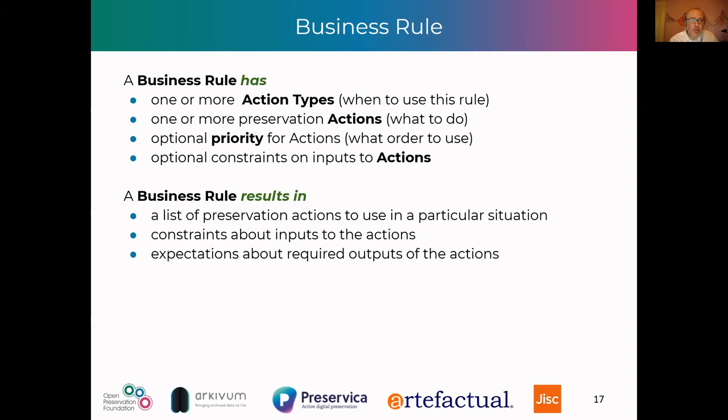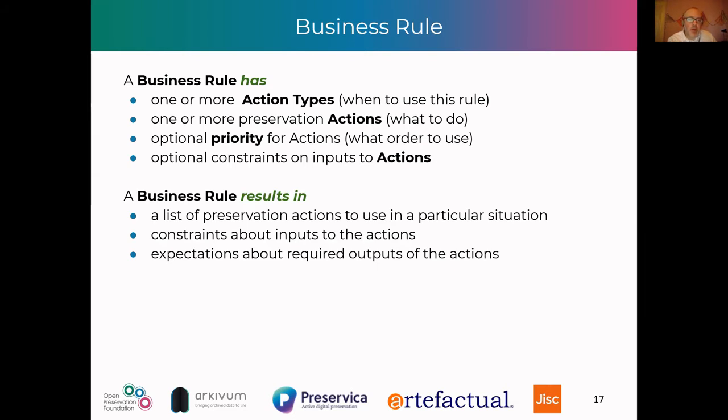So a business rule, again, you can decide which preservation actions this business rule applies to. As an example, you may have a particular tool that can do more than one thing. It can be used for metadata extraction as well as validation, and you may choose a business rule to say we only use this tool for one of those purposes.